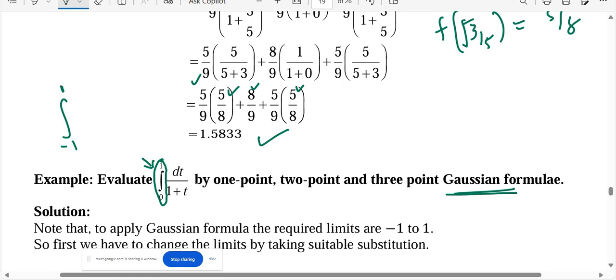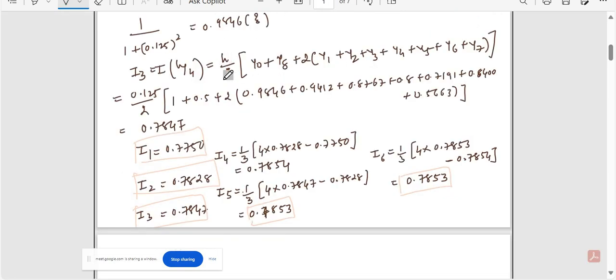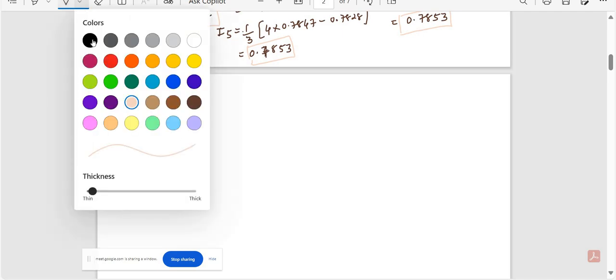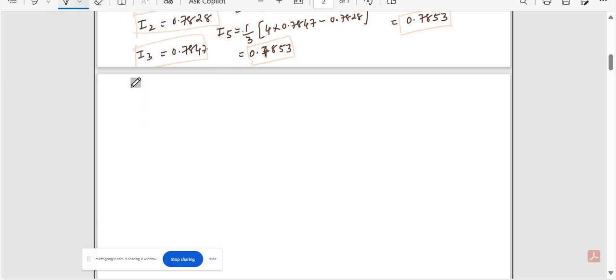So how can we transform? Divide by 2 simply. Check it. We have to find the corresponding substitution in such a way that it fulfills the same integration. You have two options here.